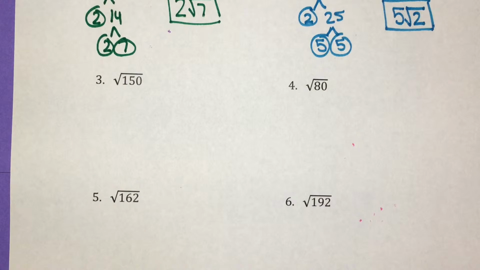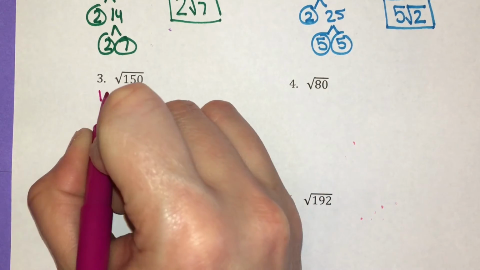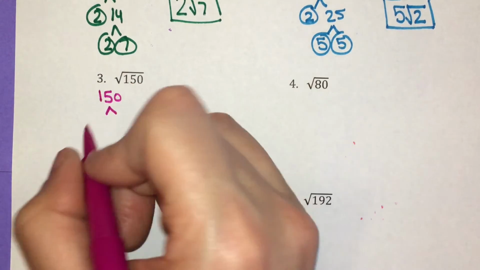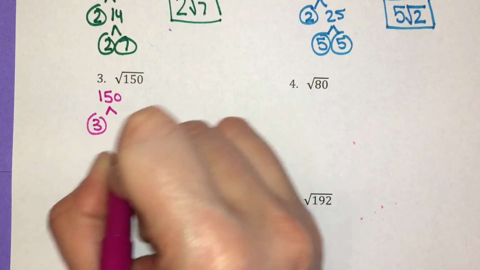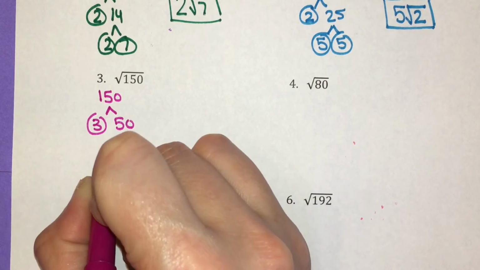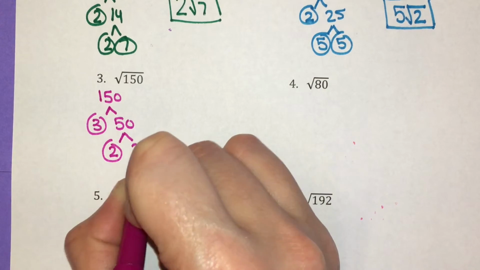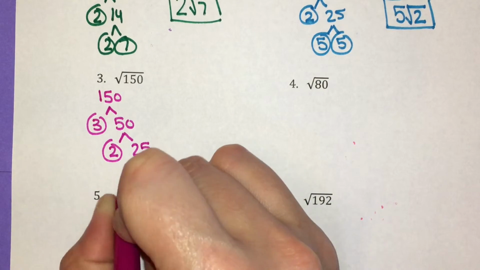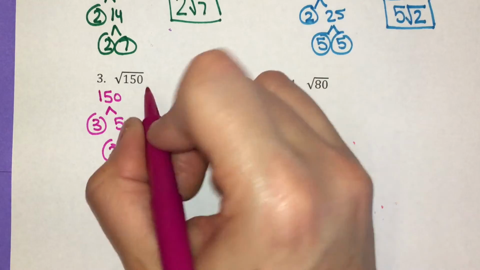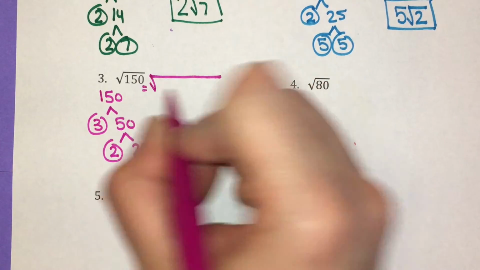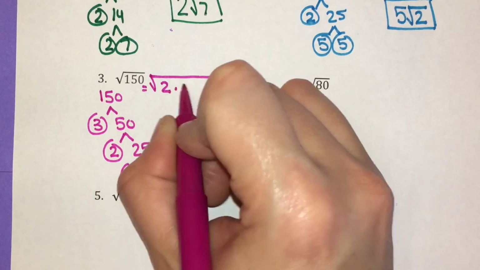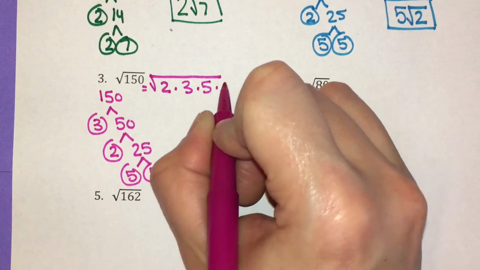The third one, 150, breaks down to 3 times 50. 50 is 2 times 25, and 25 is 5 times 5. So this is the square root of 2 times 3 times 5 times 5.